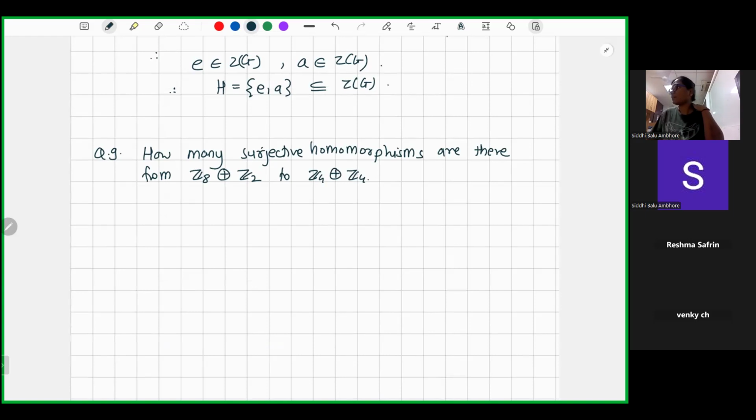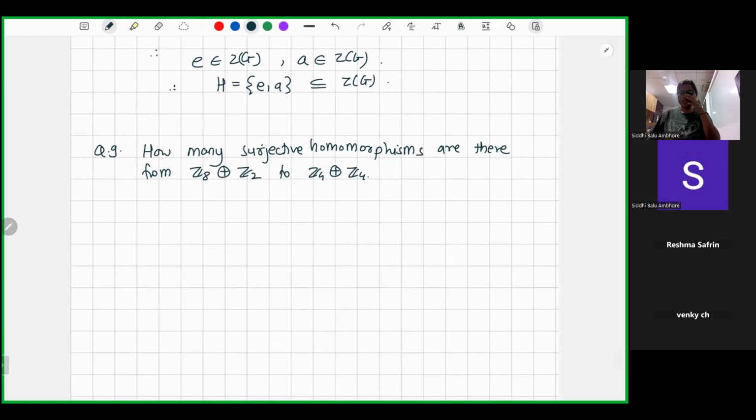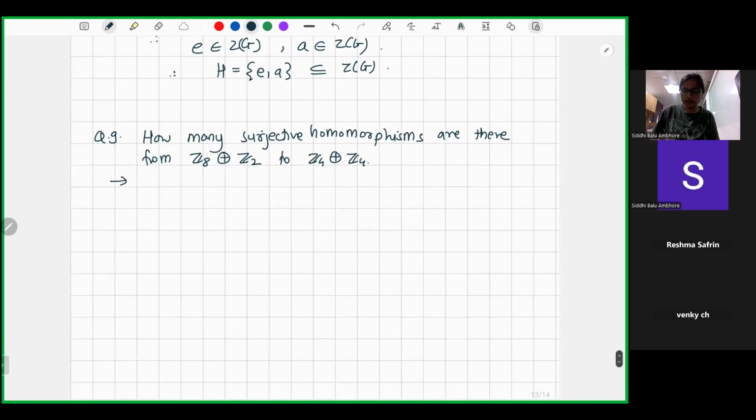This is an internal direct product. So we have to check how many homomorphisms are possible. Surjective homomorphisms are possible from this internal direct product of Z8 and Z2 to Z4 direct product Z4?